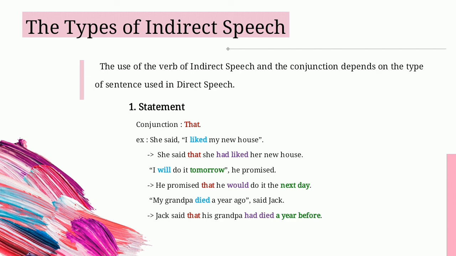In a direct sentence, "My grandpa died a year ago," said Jake. It became, Jake said that his grandpa had died a year before. So the conclusion is, if the sentence is a statement, then the conjunction in the indirect sentence is that.